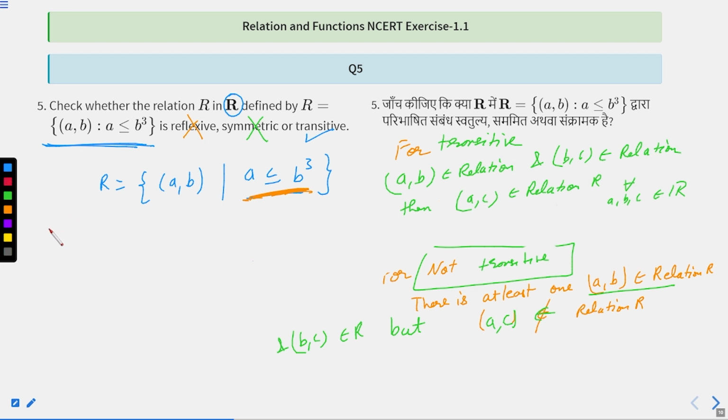As we know, 2 is less than or equal to the cube root of 3.